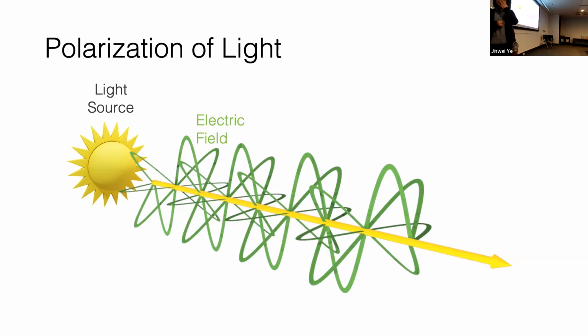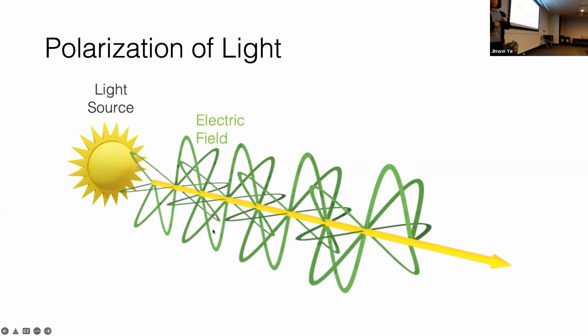A light ray that comes directly out of a light source, for example the sun or a light bulb, is unpolarized because it has polarization in all directions, like the example that I'm showing here.